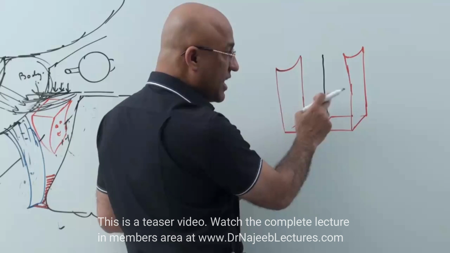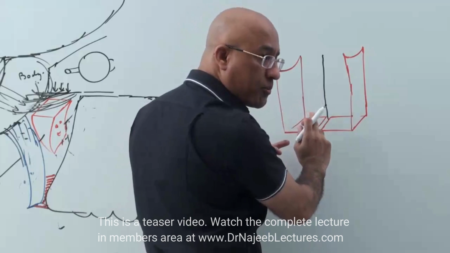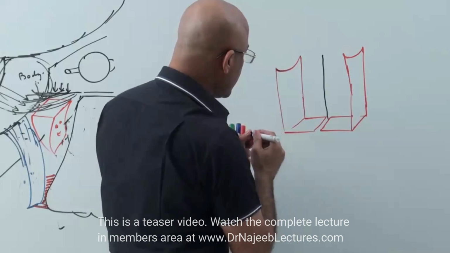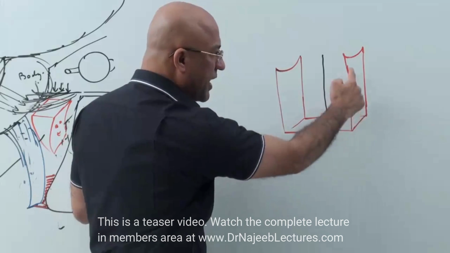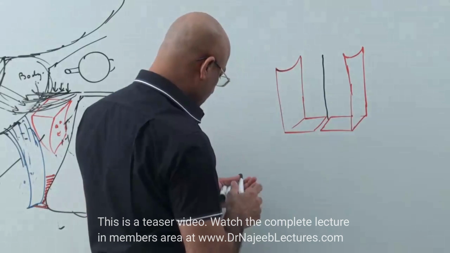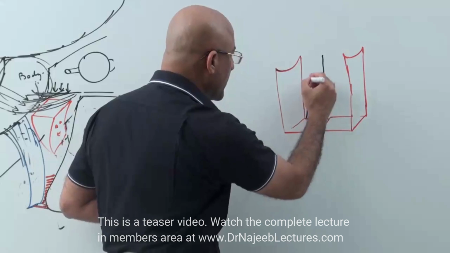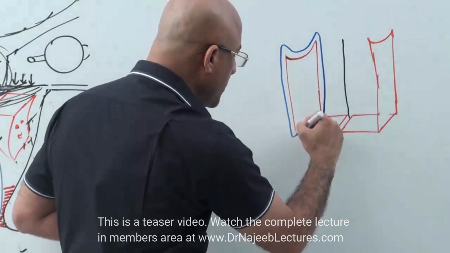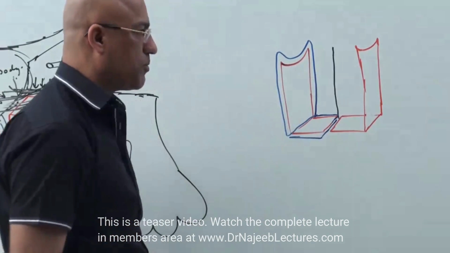Right nasal cavity, left nasal cavity. It has a lot of other bones, but I'm only showing which bones? Palatine bone. This is the right palatine bone, L shape, and this is the left palatine bone. Is that right? Now, these two palatine bones, let me make them with that letter. This is the perpendicular plate of the palatine bone. This one is the perpendicular plate of the palatine bone, and this is the horizontal plate of the palatine bone, right?